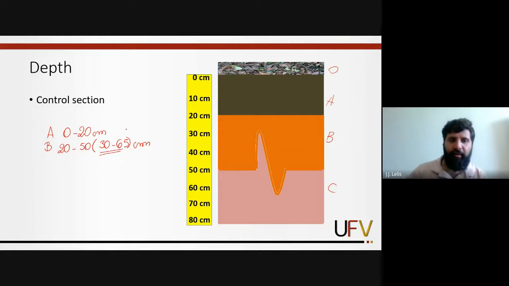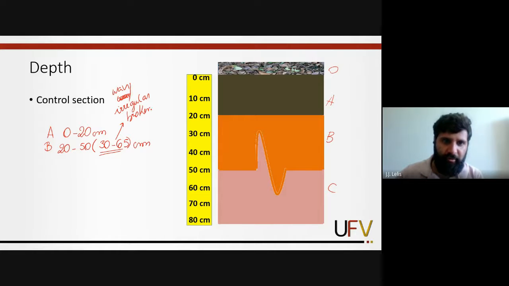So every time that I see this note, I always know that it represents a wavy, oh, I'm sorry, a wavy transitional, or irregular transitional, or a broken transition.